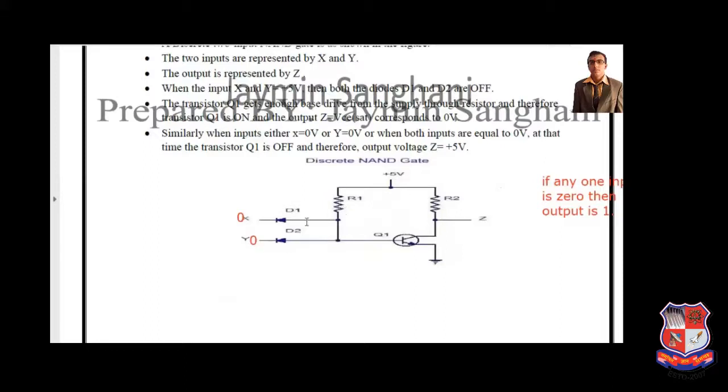Here 5 volts positive, here 0, so the diode will be forward biased, and all the current will flow through this particular diode only, and through the diode it is connected to ground. See here it is known as ground. So this is the current flow direction. So here we cannot get any current. Means the base of the transistor is at 0 volt.